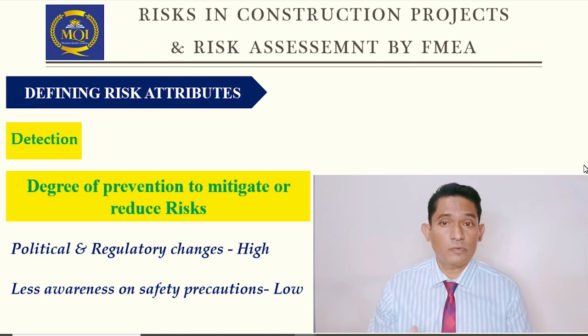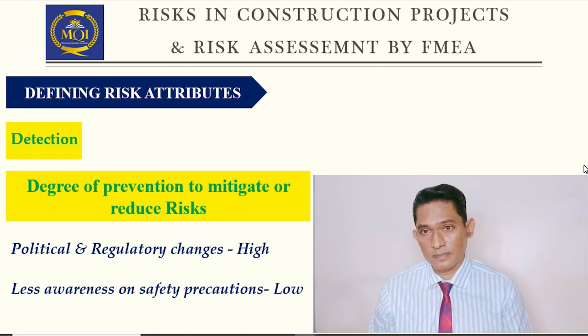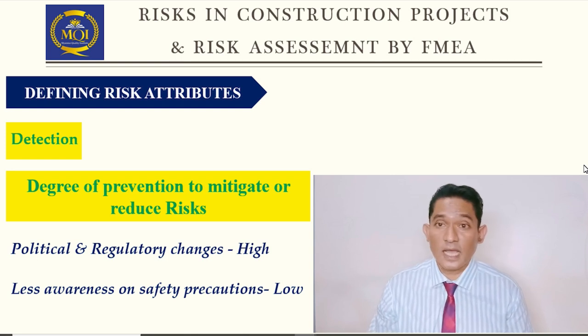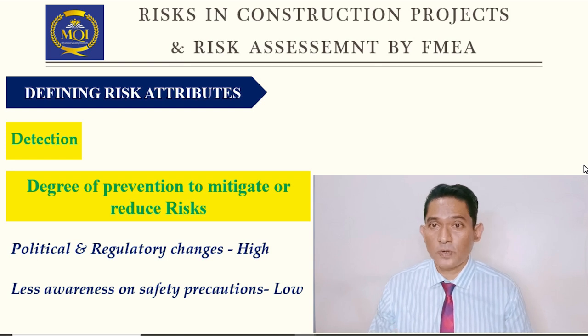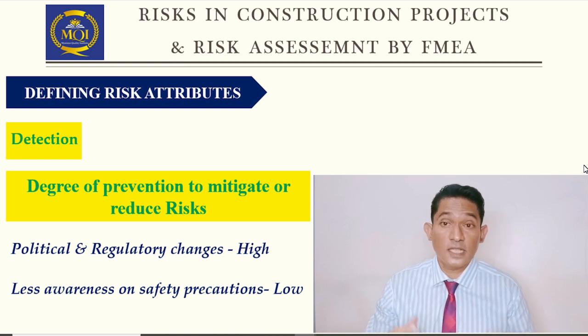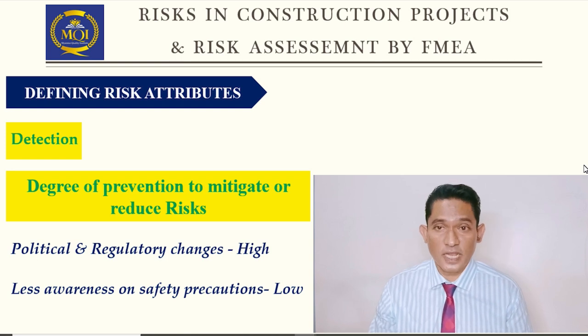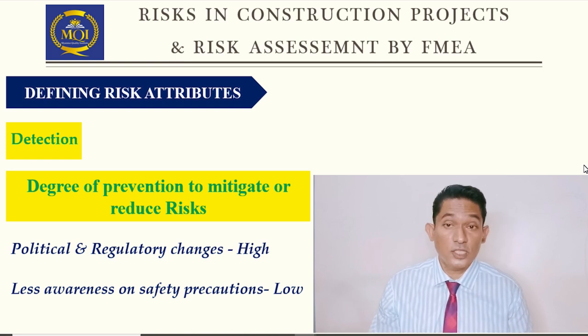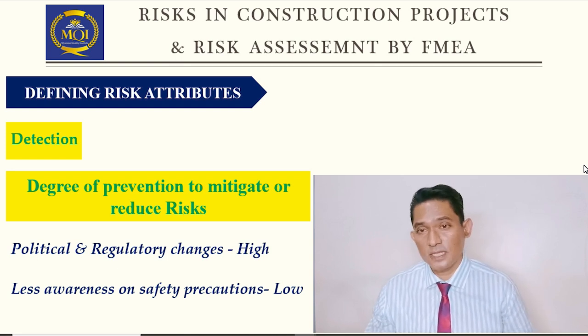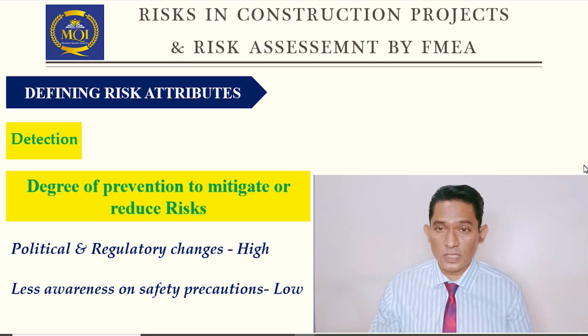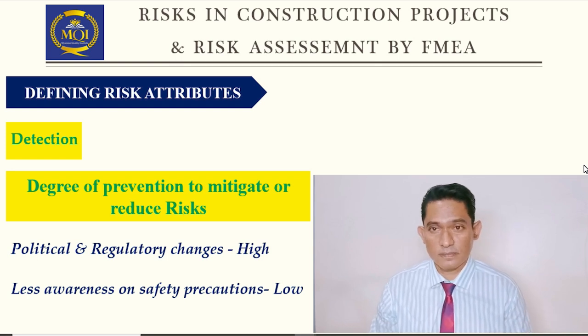So its value will represent 3. But for a condition like safety precautions during the construction project, the detection level is high. So its value will represent 1. In this way, we can define the values of the risk attributes in our construction projects.